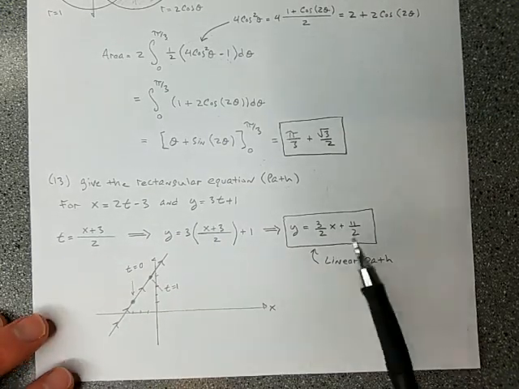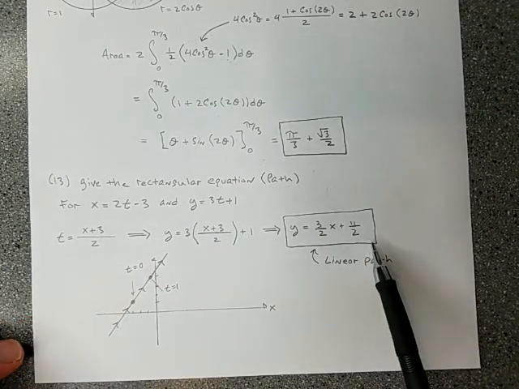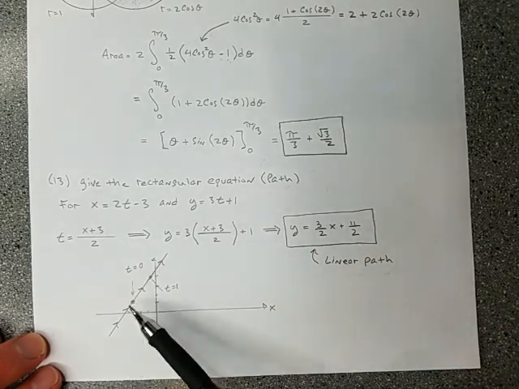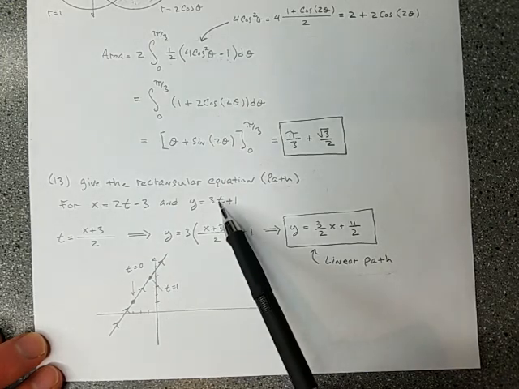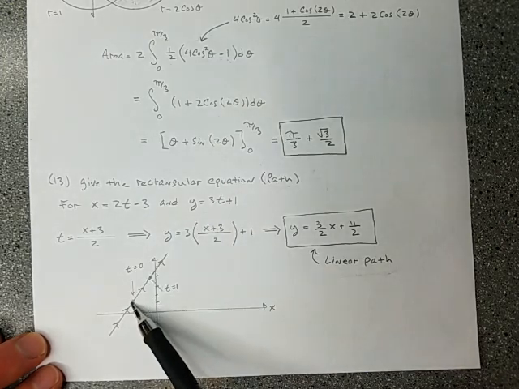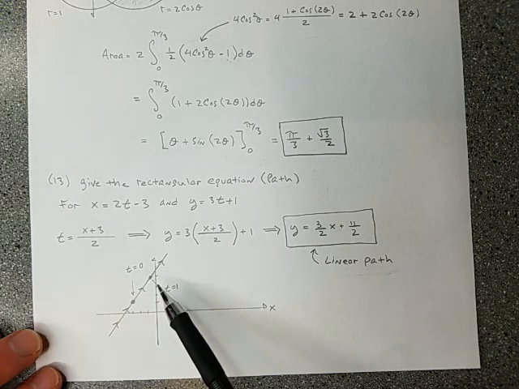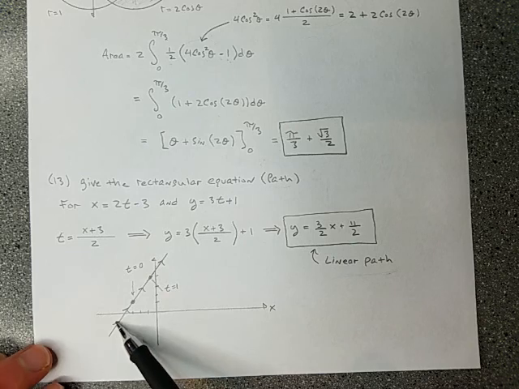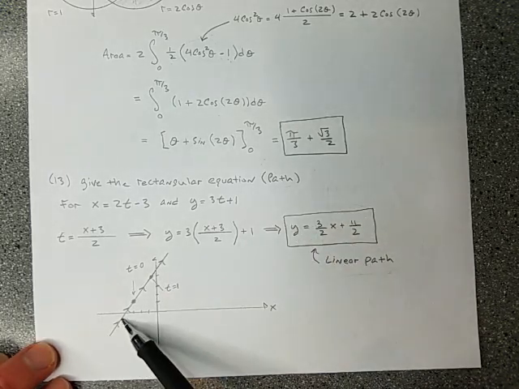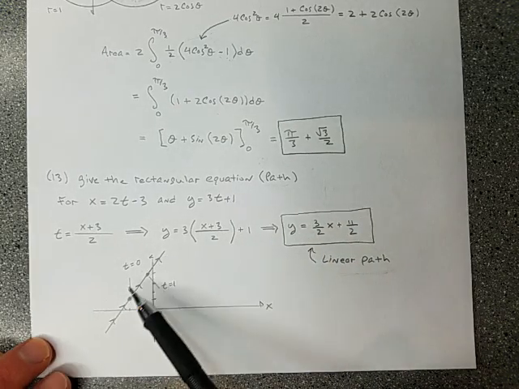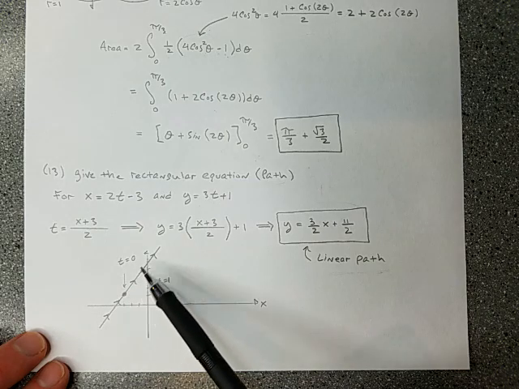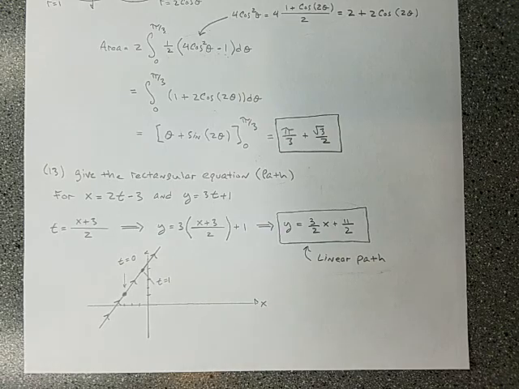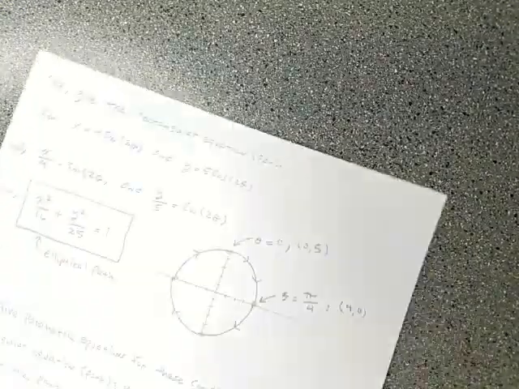So if we do that, we'll get y is 3 over 2 x plus 11 over 2 as a linear path. If you were to plot the position at various times, like say you put t as 0, you'd find yourself at this point. Take a later time, t is equal to 1, you'll find yourself at that point. You're moving along that linear path in this direction. So in parametric equations, we usually put arrows on the graph to indicate the direction that the motion is happening. All right, so there's 13.